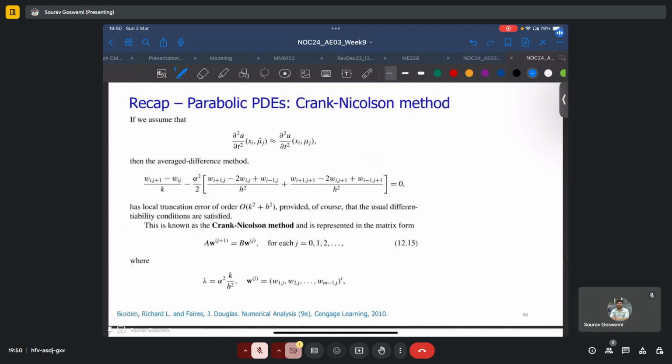And under the assumption that ∂²u/∂t² at (x_i, μ_j) is approximately equal to the quantity on the right, this averaged difference method has a local truncation error of the order k squared plus h squared, under the assumption that the usual differentiability conditions are satisfied.